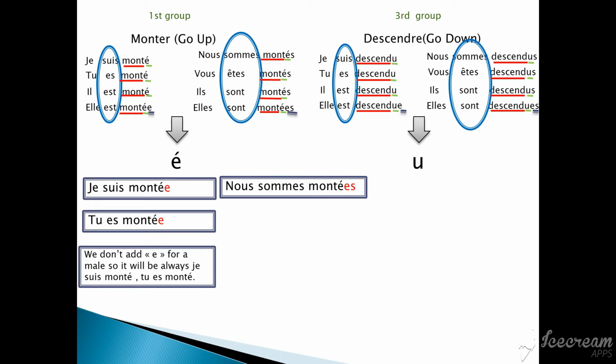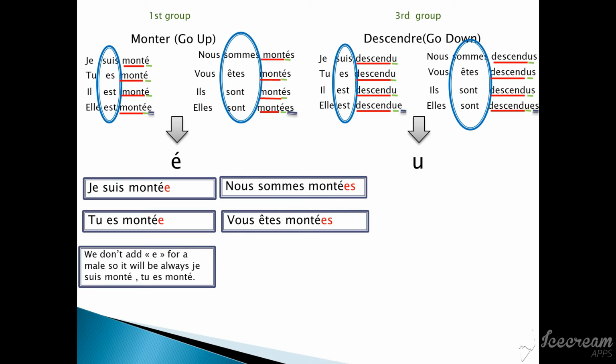So here we have the letter e because we said that e is added to show that we're talking about female, and we have an s to say that it is plural. Okay? Same thing for the subject pronoun vous. If you were talking to a group of females, you would have said vous êtes montées, and you would have written it like this: vous êtes montées.